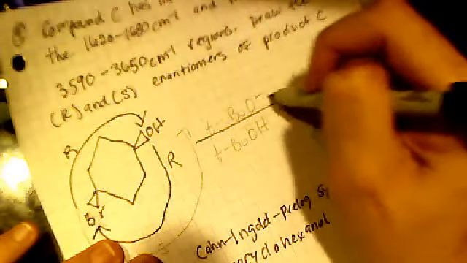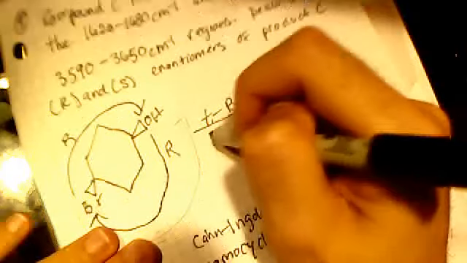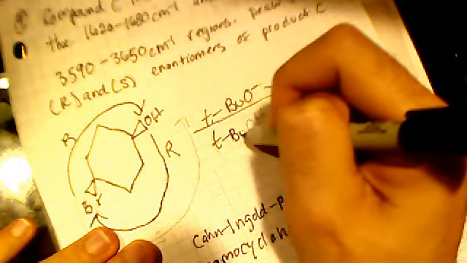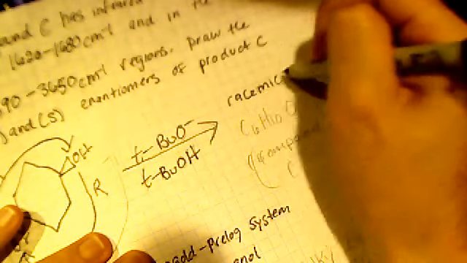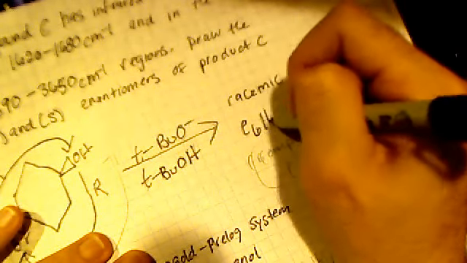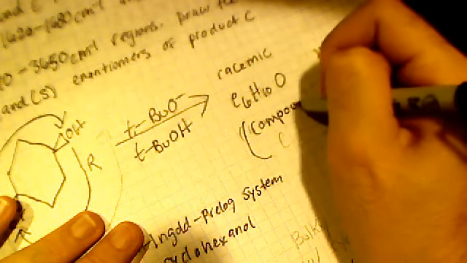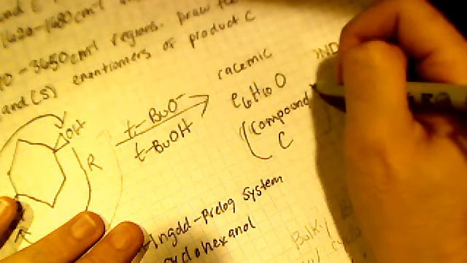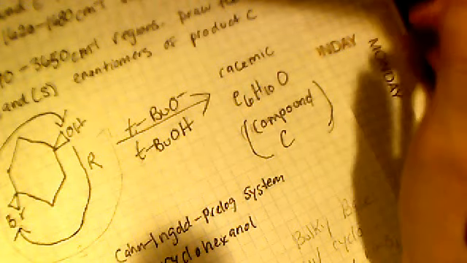I'm treating this with tert butoxide and tert butyl alcohol, and I get a racemic form of C6H10O, and that is compound C. So racemic means that I'm getting 2 optically active enantiomers in equal amounts and quantities.